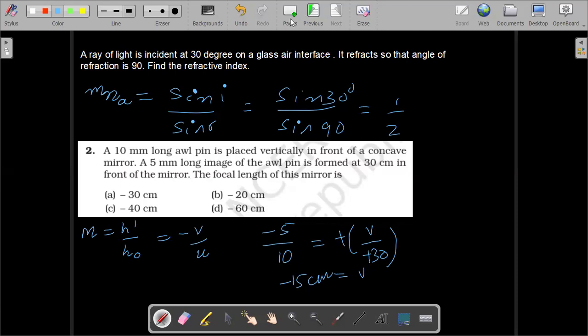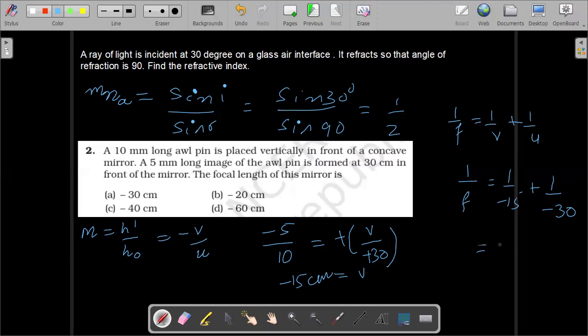Now you can use U and V to find F. So it is 1 by F equals 1 by V plus 1 by U. Focal length we have to find out equals 1 by negative 15 plus 1 by U, where U is negative 30.